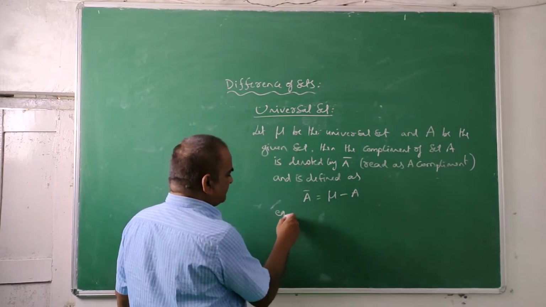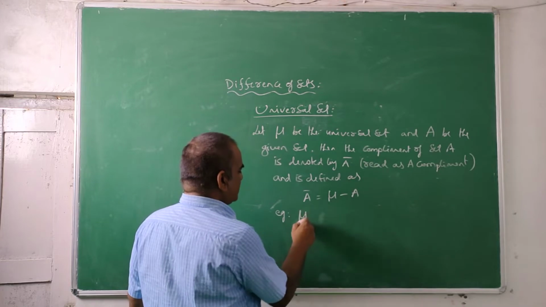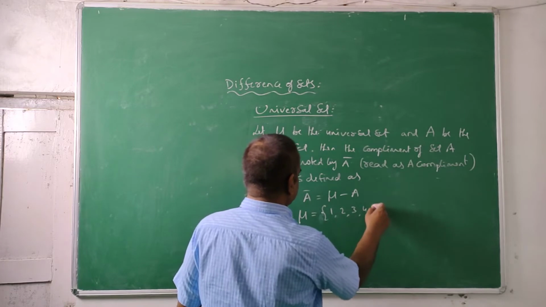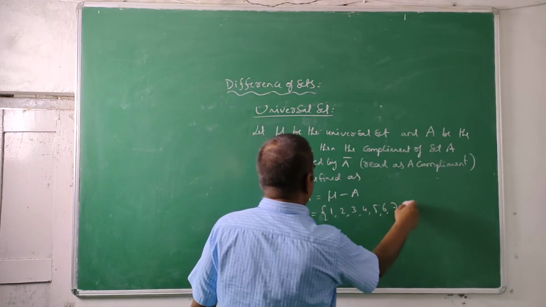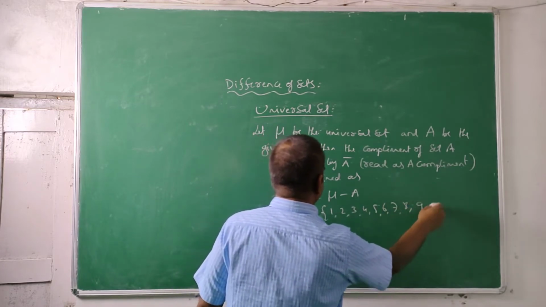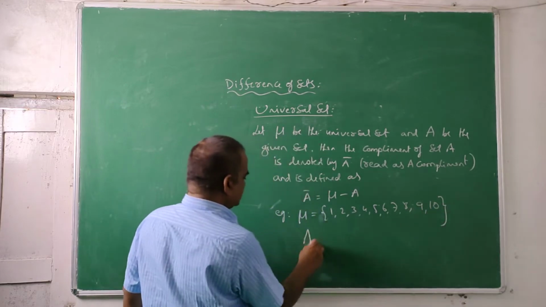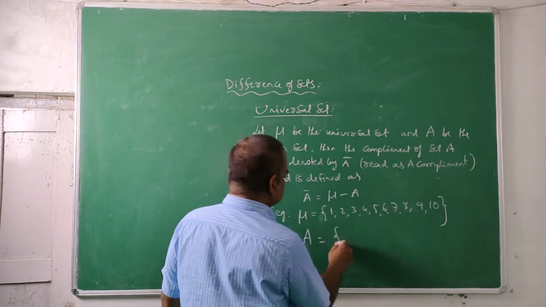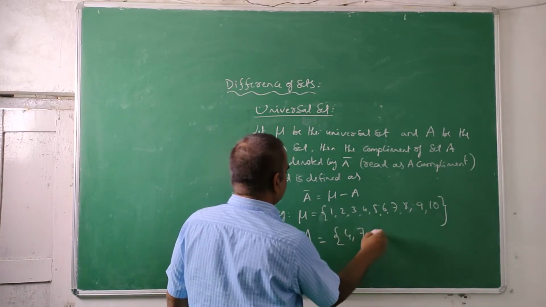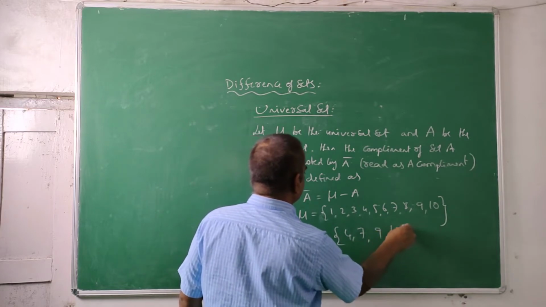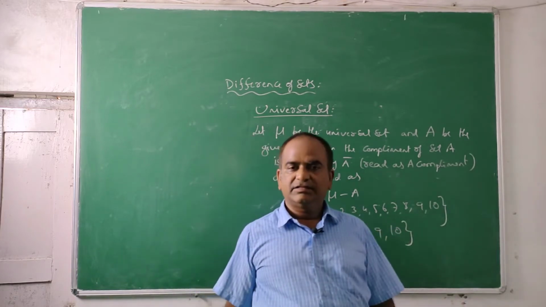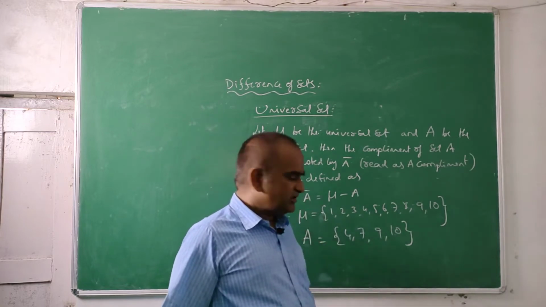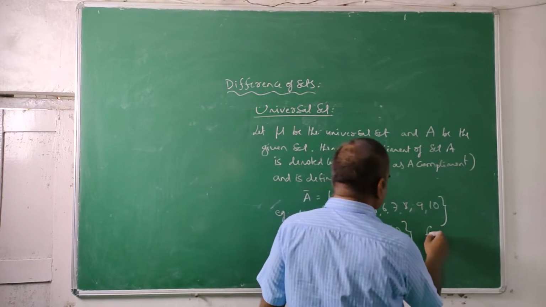Suppose mu is equal to {1, 2, 3, 4, 5, 6, 7, 8, 9, 10}. And suppose A is equal to {4, 7, 9, 10}, say for a moment. This is A. Obviously, A is a subset of mu by definition itself. Now find A complement.